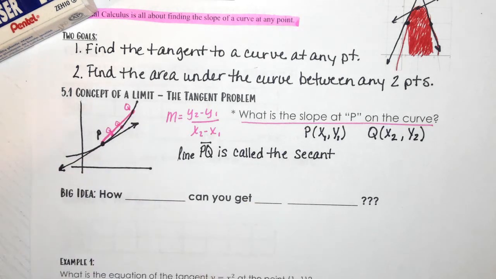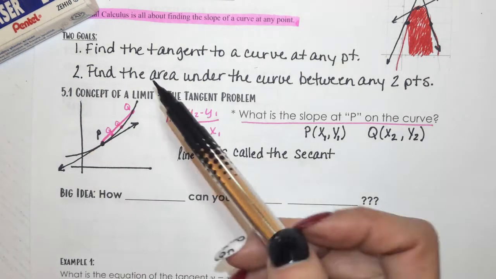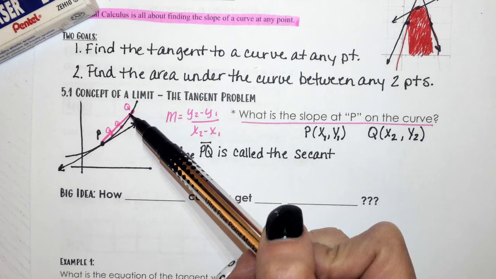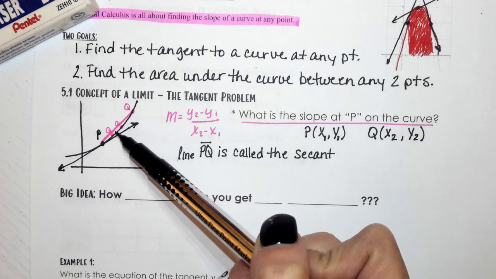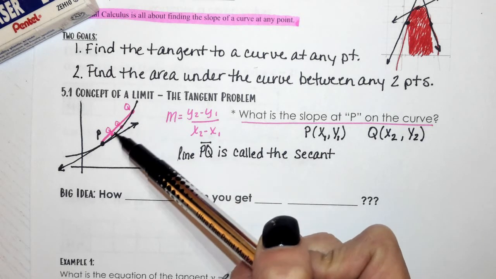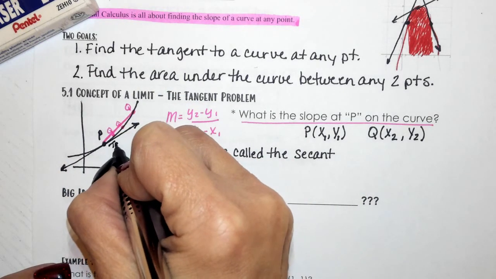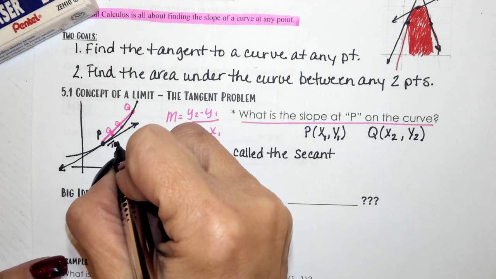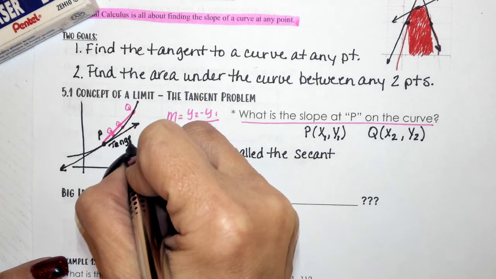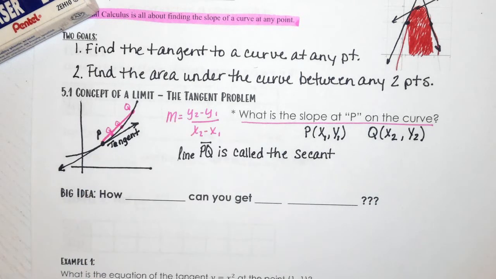They have to be different points in order for this to work. But I need to figure out how close can I get Q as I move it down. I need to get Q really, really close to P, really, really close to this tangent without becoming P. I'm letting you kind of soak that in.